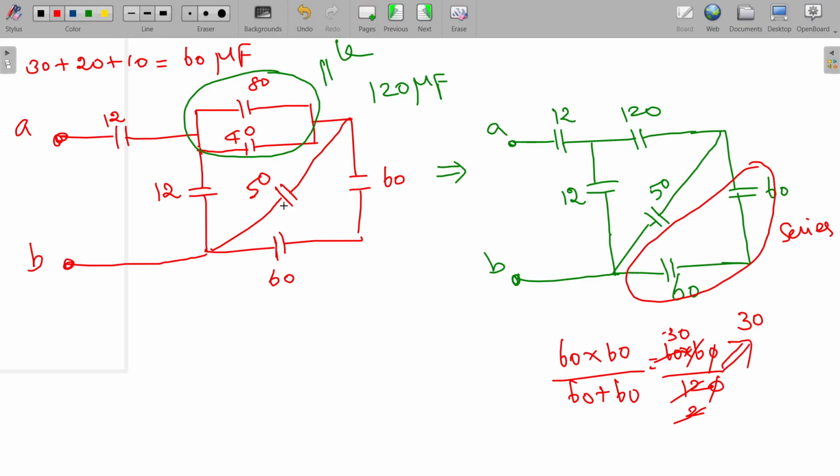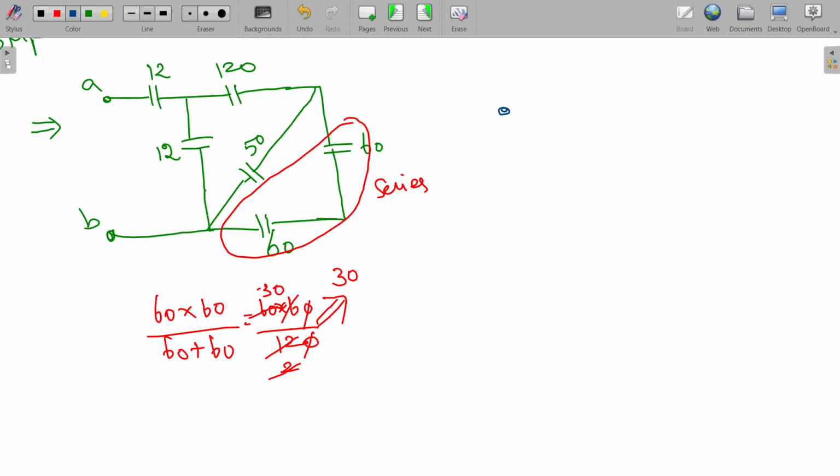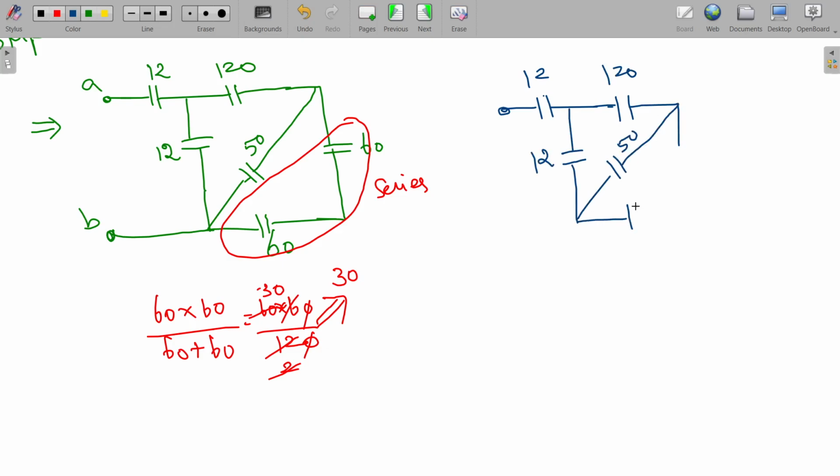Okay, so now we are going to modify the circuit again. So we'll be getting it as this A, then 12, then here you have this 120, here again 12, here it is 50, right? But here you have this combination becomes 30. So this is AB.